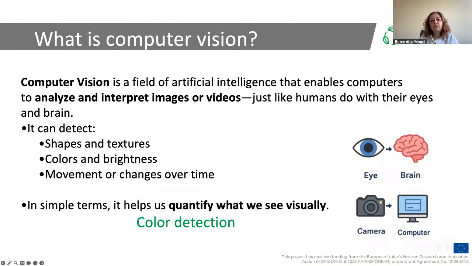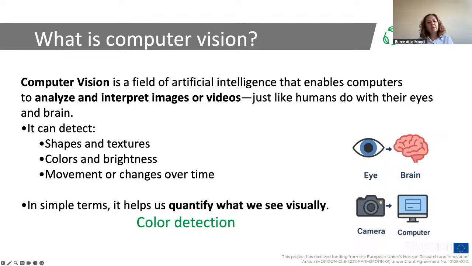Computer vision is a field of artificial intelligence which can analyze and interpret images or videos, just like we do with our eyes. When we look at something with our eyes, we process it through our brain. In the case of computer vision, it sees through the camera and processes with the computer. We try to mimic what we do with our eye and brain with a camera and computer.